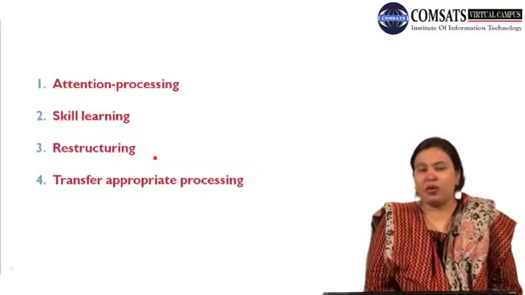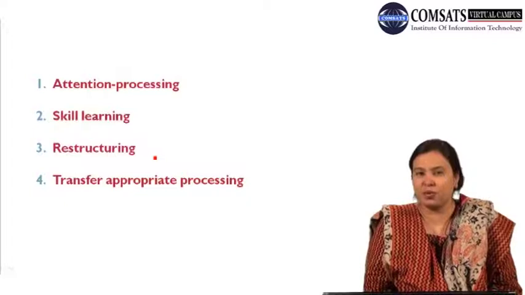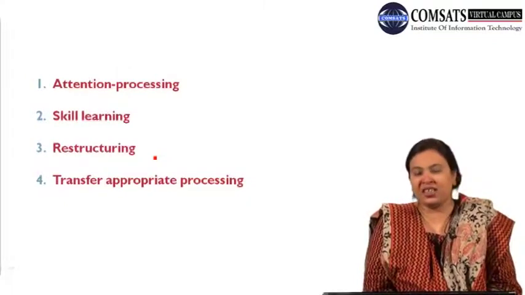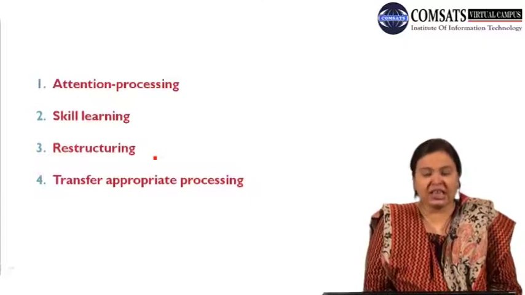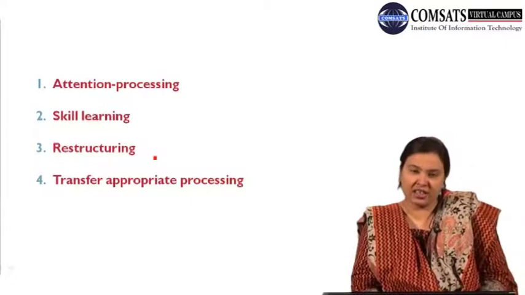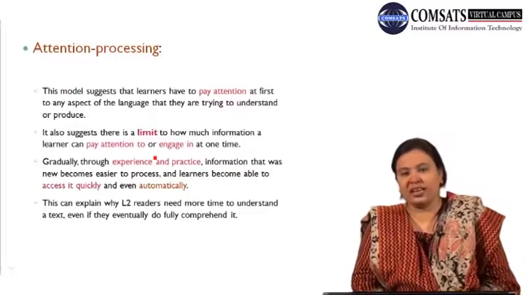The proponents of the cognitive approach, or the information processing approach, introduce 4 steps in second language acquisition: attention processing, skill learning, restructuring, and transfer appropriate processing. So let's see what all these are. The first one, attention processing.